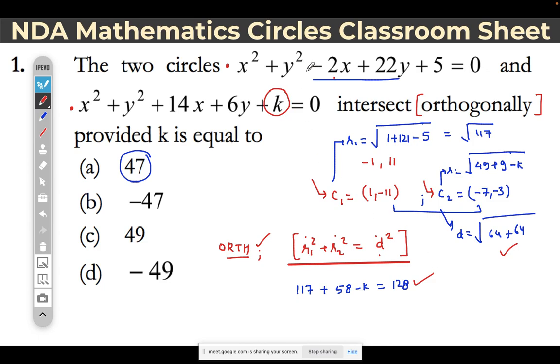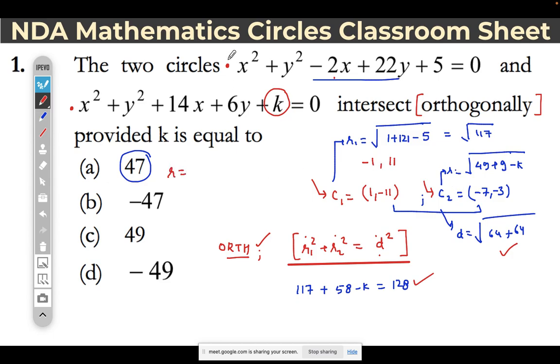Sir, but how do you calculate the radius? I am coming to that now. First thing we learned from the equation is finding its center and its radius. Center: take the x part, take the y part, half them and change the sign. Minus 2 plus 22, half them is minus 1 plus 11, and change the sign. So minus 1 becomes plus 1 and plus 11 becomes minus 11. This is the center. How do we calculate the radius?